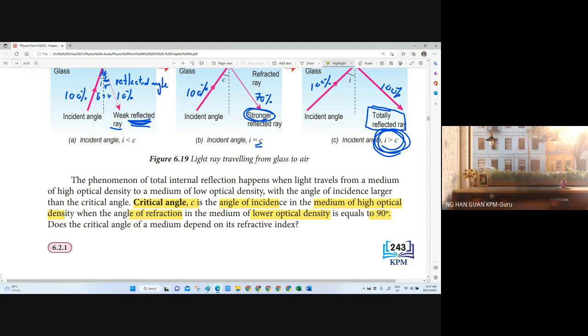First, you have to understand the critical angle is the incident angle, the angle of incidence in the optically denser medium. But the incident angle in the optically denser medium can be many. So why is there a specific angle we call the critical angle? It is the specific incident angle in the optically denser medium at the moment when the angle of diffraction in the lower optical density medium is equal to 90 degrees, right?